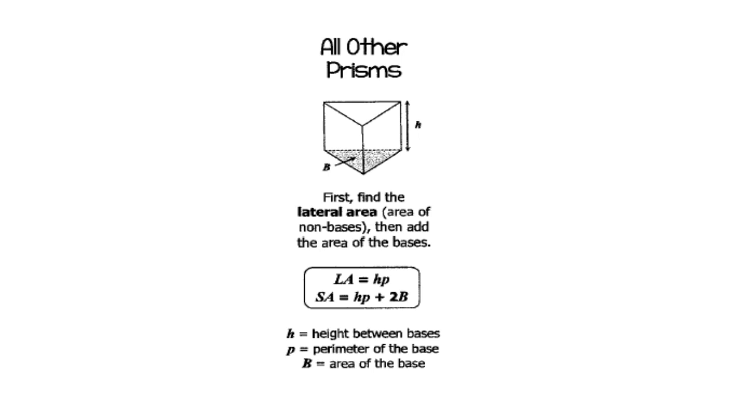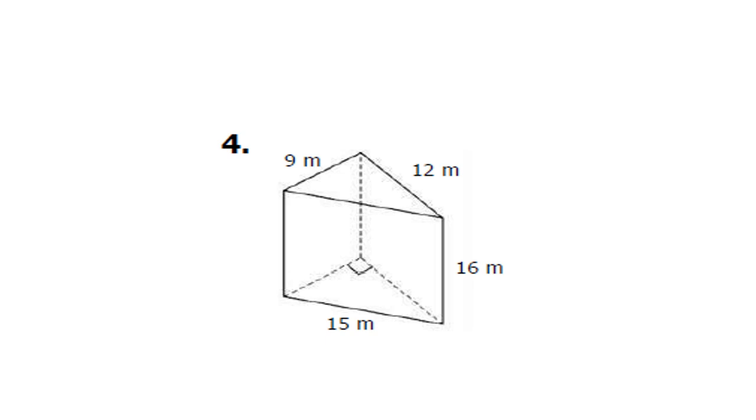So in this case, because the base is a triangle, we would use the area for a triangle. So in this particular diagram, I have a triangle on the top and a triangle on the bottom. So this is a triangular prism, and I'm going to go through my same 4-step process.